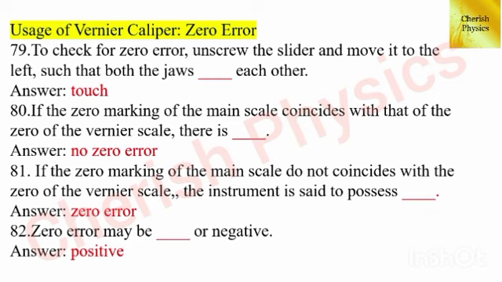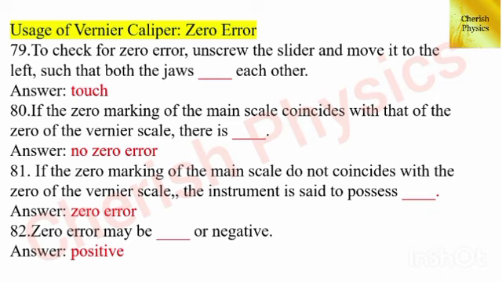If the zero marking of the main scale coincides with that of the zero of the vernier scale, then there is no zero error. If the zero marking of the main scale does not coincide with the zero of the vernier scale, the instrument is said to possess zero error.